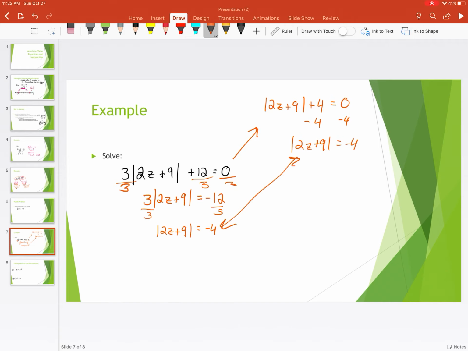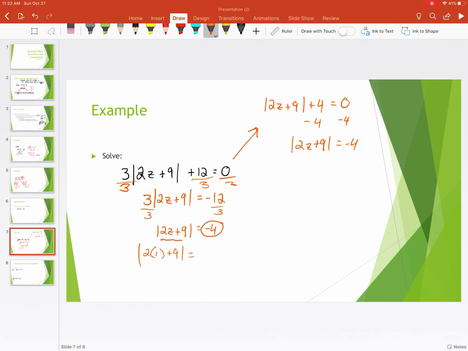Okay, so back to this. We've isolated our absolute value operation now. We have to, well, wait a minute. Is there any set of circumstances that you can think of where we could put a value in for z here and get a negative evaluation over here?